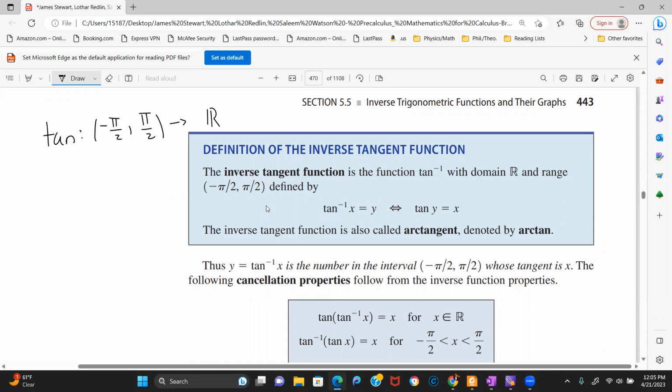So now we're shrinking the domain of the tangent function. If this function is invertible, then the tangent inverse is going to be a function from R, the whole set of real numbers, to this interval.